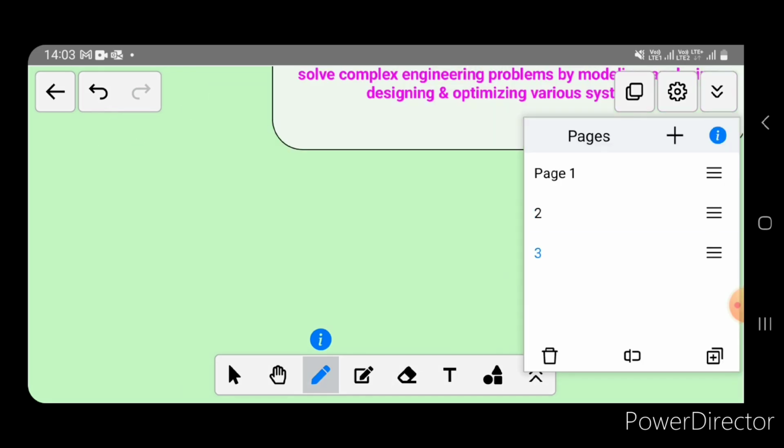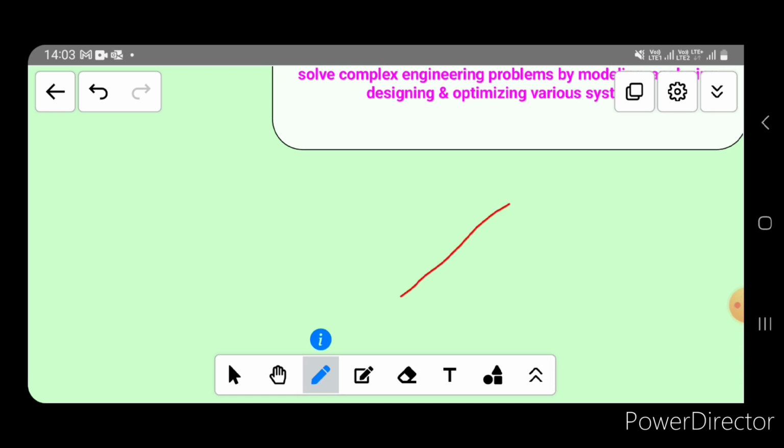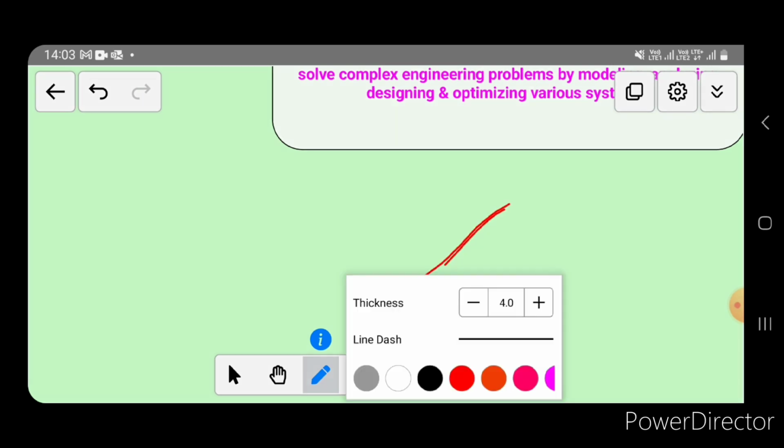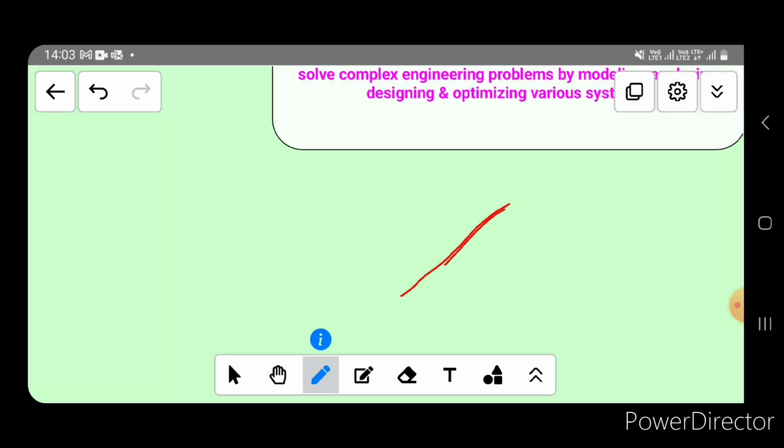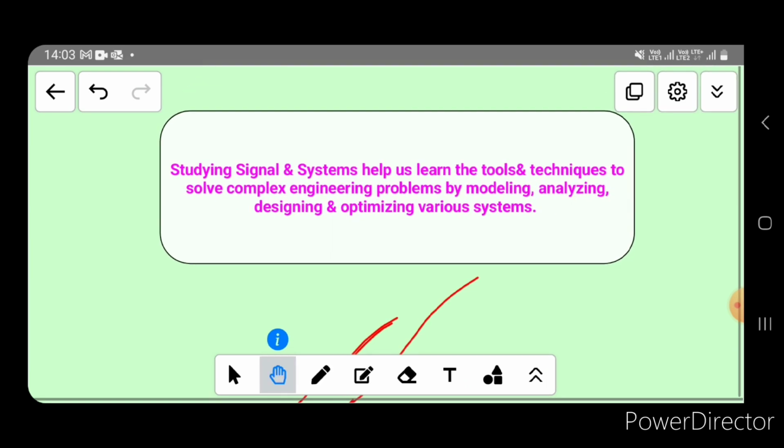My whole idea of creating this video was to make you familiar with why we need to study signals and systems, and what is the use of this subject in a broad spectrum in our engineering journey.